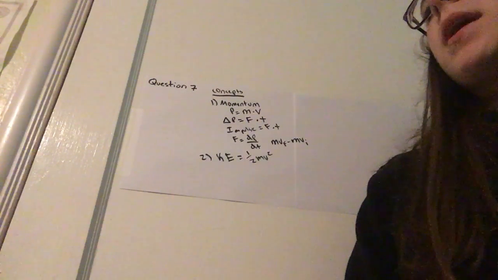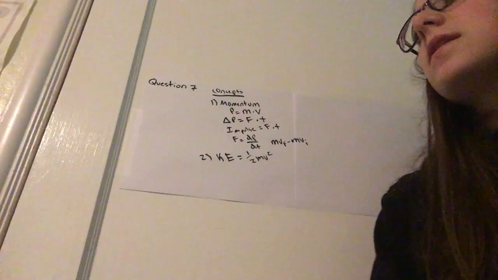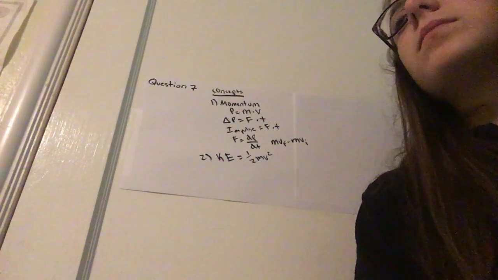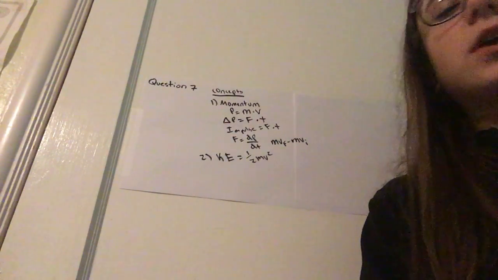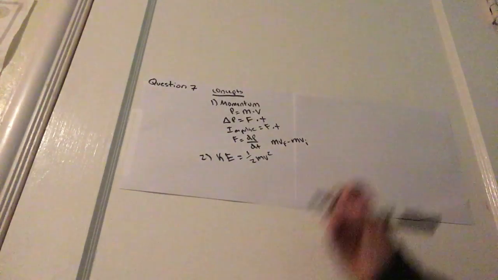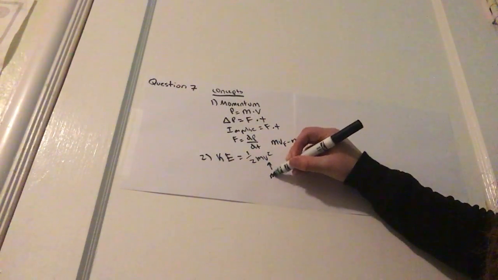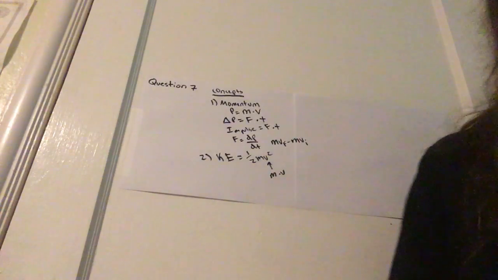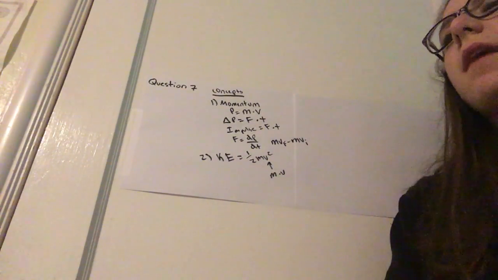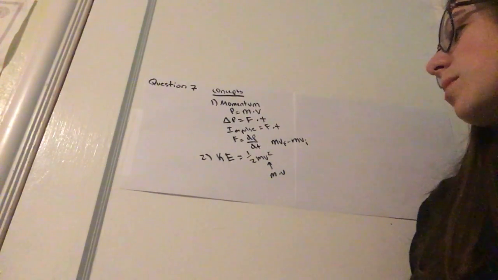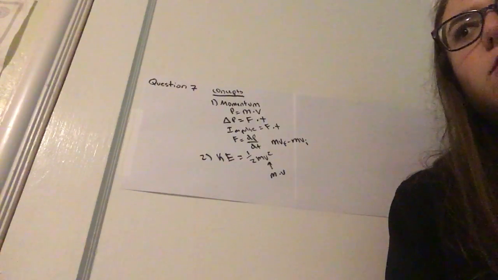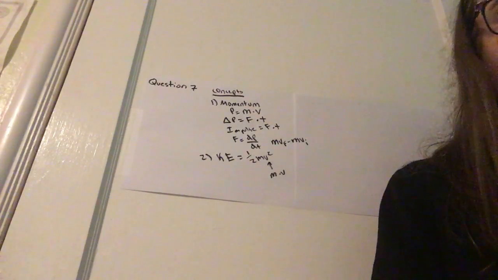If momentum increases, kinetic energy will increase. If momentum decreases, kinetic energy will decrease. That's because kinetic energy is 1/2 mv squared, and for momentum the equation is m times v. They both have velocity, so it's a proportional relationship. If one increases, the other will as well.